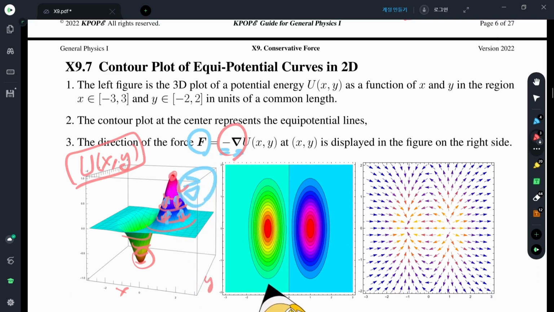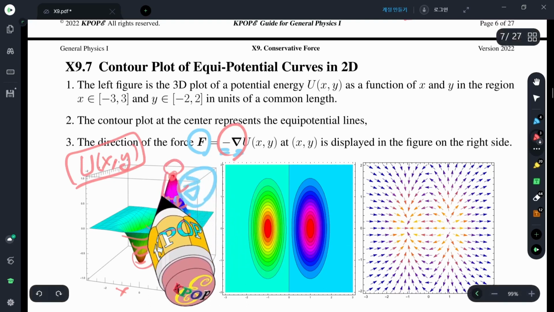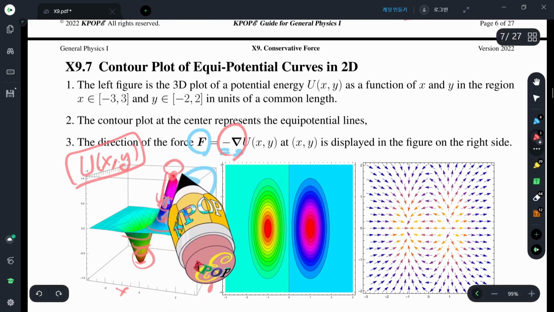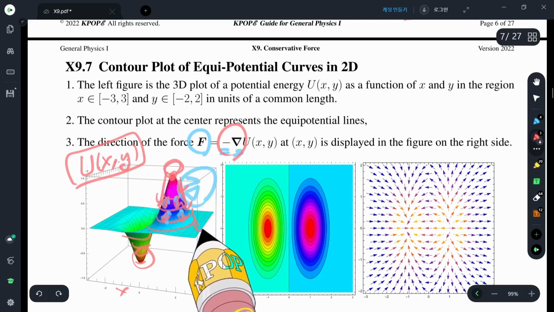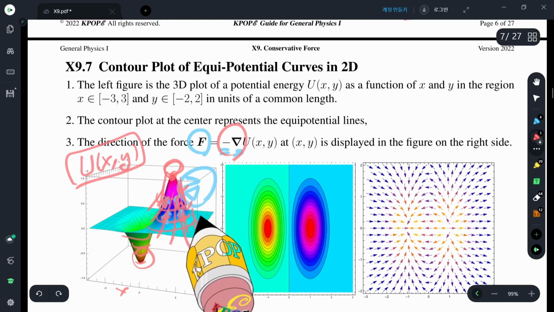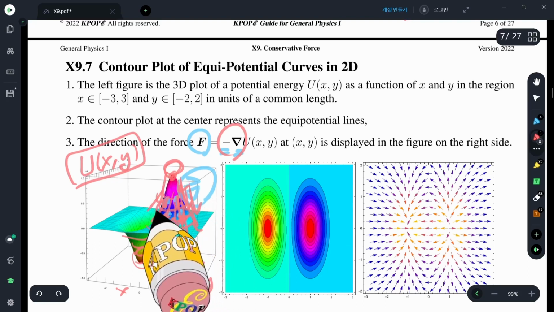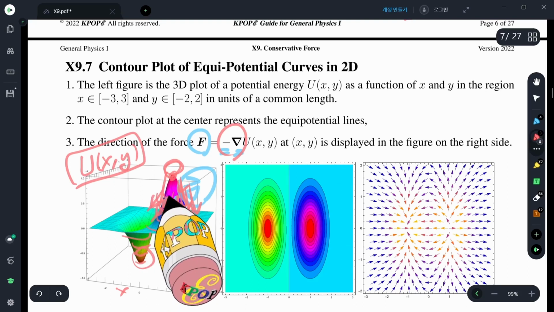It is just like if you pour some water, what happens? Water flows down from the higher potential to a lower potential. Aha. The direction of water flow represents the direction of minus gradient.